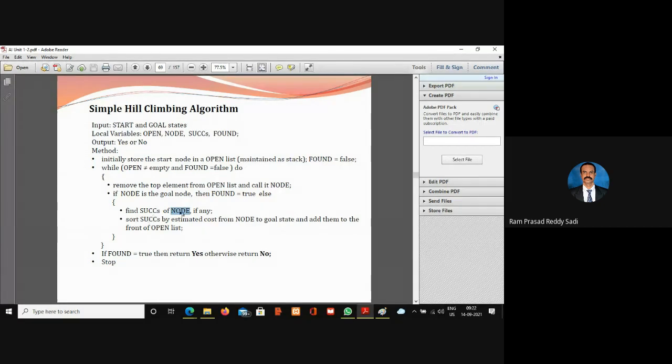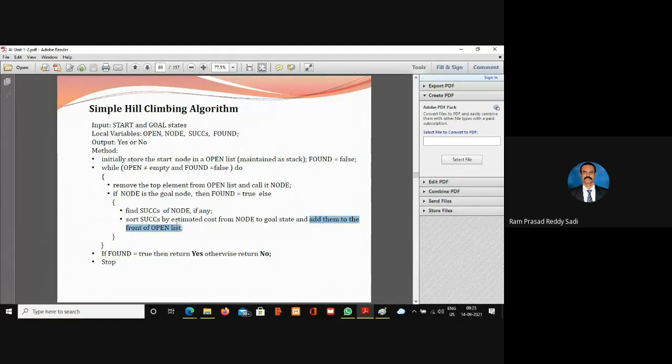After finding the successors, you need to sort them by the heuristic value, considering the heuristic value from the start state to the goal state, then add them to the open list and repeat the process. Almost all the algorithms appear similar, but there is a slight change. Kindly make a note of that change.